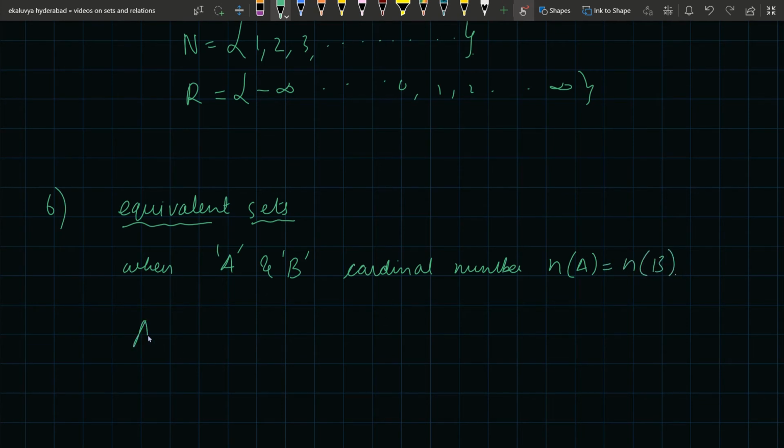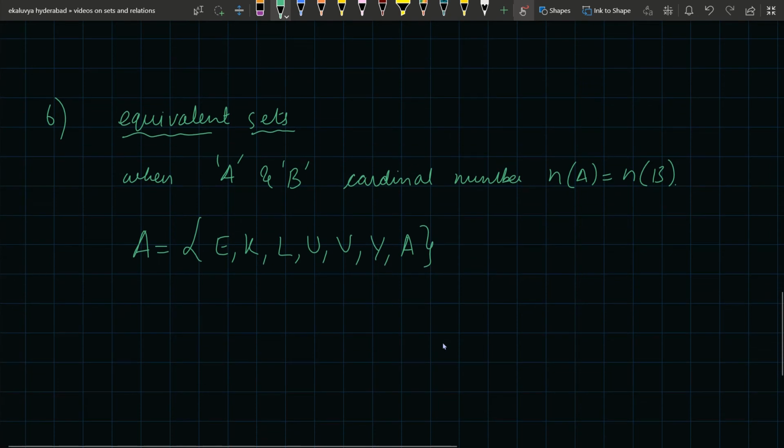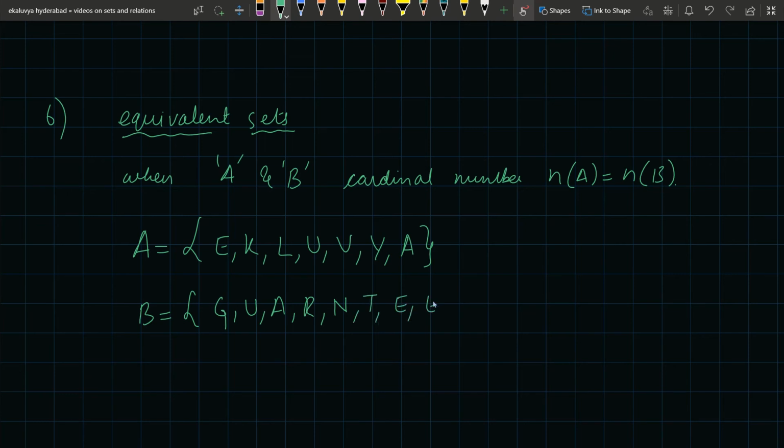Let's take an example. Let's say set A is Ekalavya, right? The word Ekalavya. So E, K, L, U, V, Y, A. This is our first set. Let's say B is guarantee.